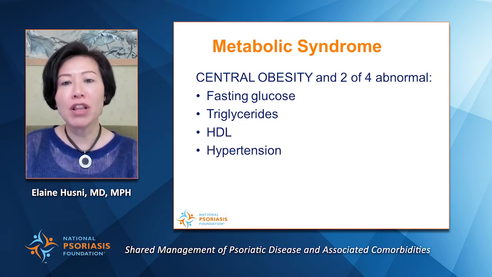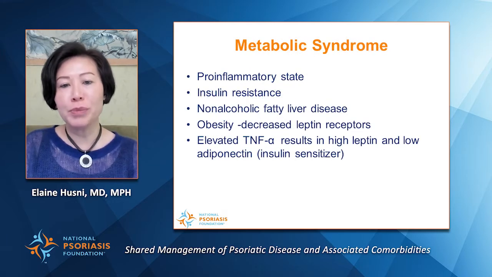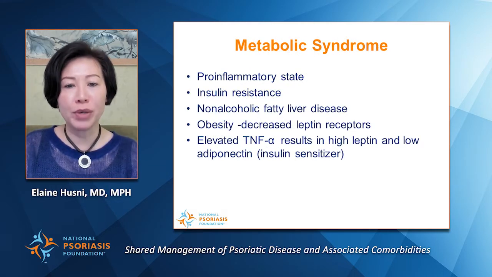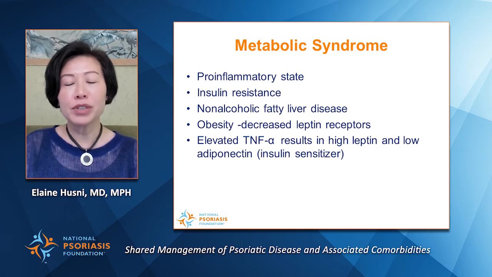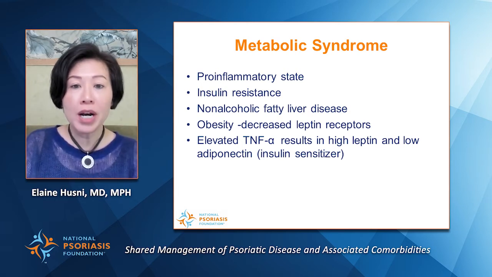So you've probably heard a lot about metabolic syndrome. So here's the definition. It's central obesity plus one of the following abnormalities. There's really been a lot more study in metabolic syndrome as well.